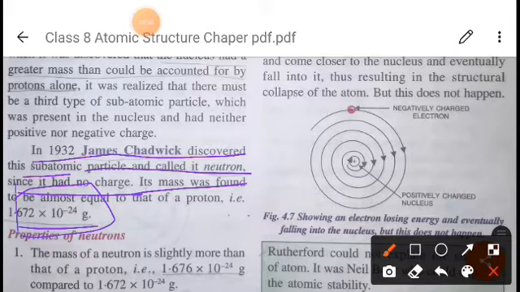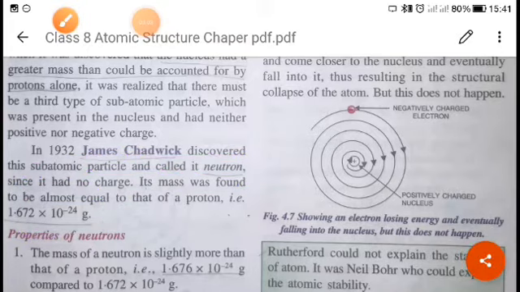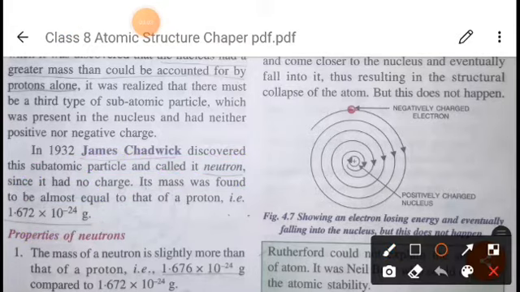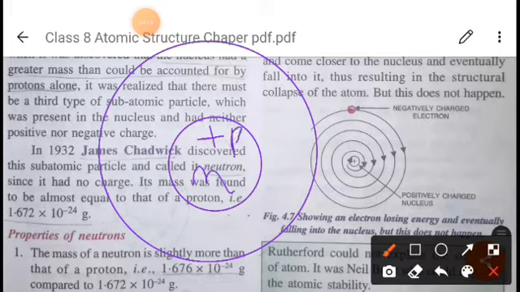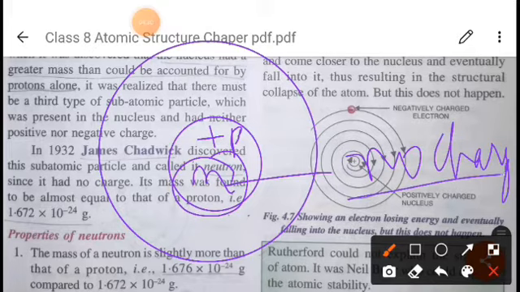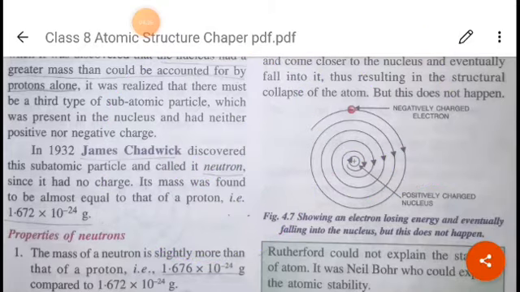So in the nucleus there are protons, with positive charge, as well as neutrons. The neutron has no charge, and its mass is almost equal to that of the proton.